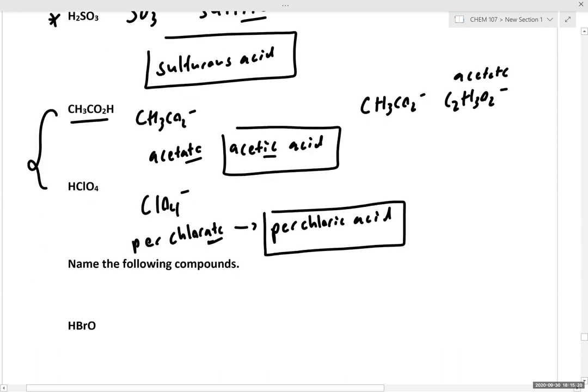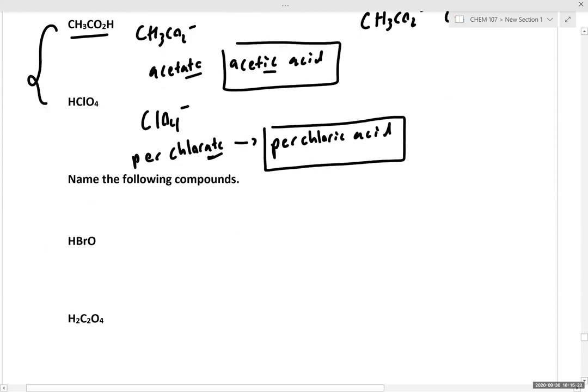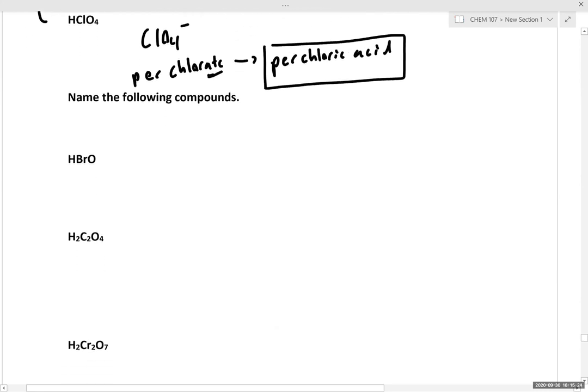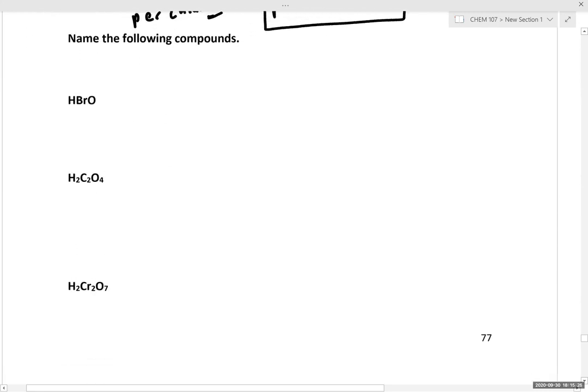So we've written out some formulas. Let's now try to apply what we've learned, and let's try to name the following oxyacids. I'll do the first one and you'll tackle the next one. So HBrO. BrO minus is known as hypobromite.